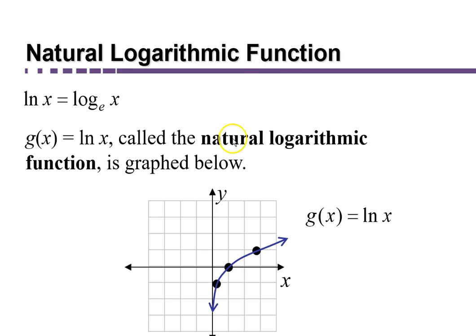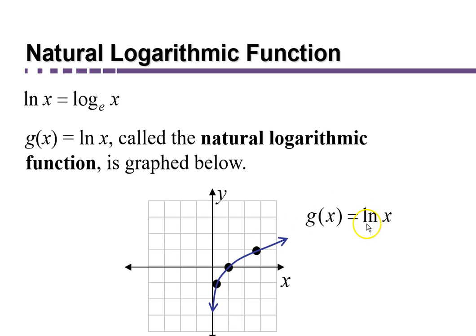Okay, now if we had the natural log, the curve is going to be similar. But instead of going through 2, it goes a little higher here at about 2.718.